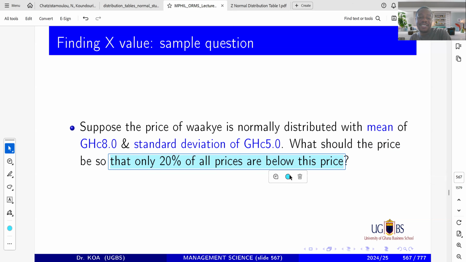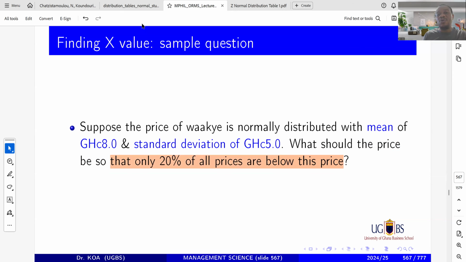Now, to be able to understand this grammar, you need to draw. Some of the drawing, you will not be able to specify the way we used to specify because you don't know some of the items. So first, let's draw our normal curve. We have been told that the price of Wache is normally distributed, so we just indicate the normal distribution.